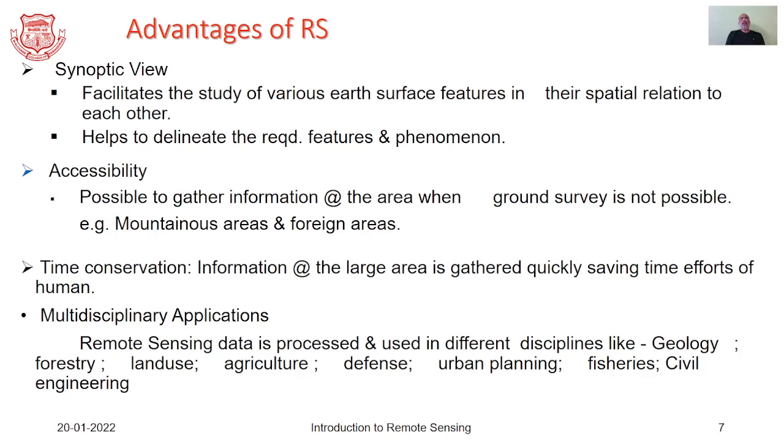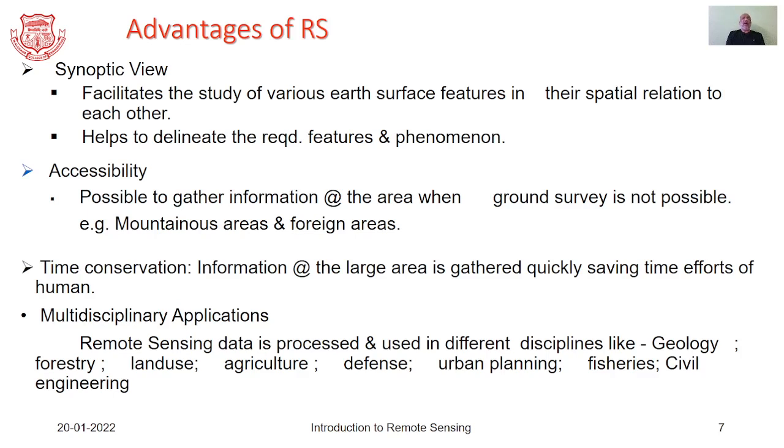Accessibility is the next advantage. With this technique, it is possible to gather information about an area when the ground surface is not accessible to the surveyor.